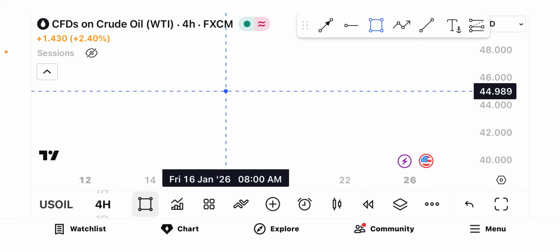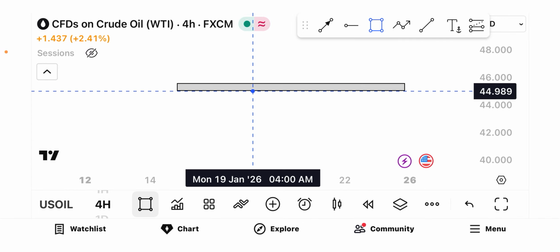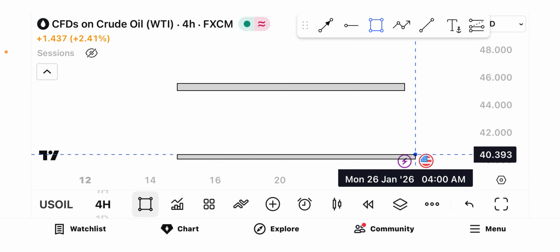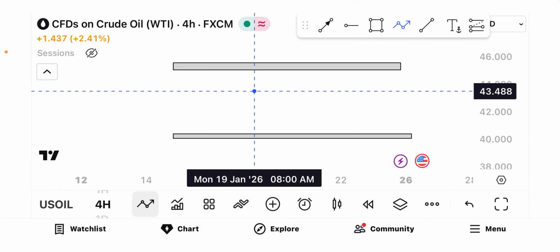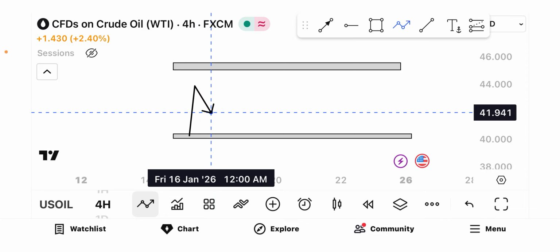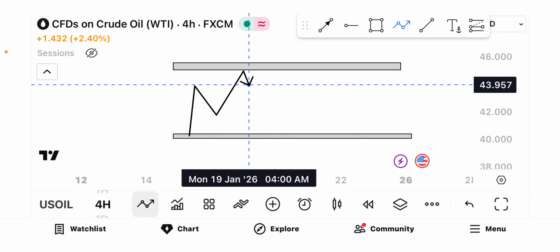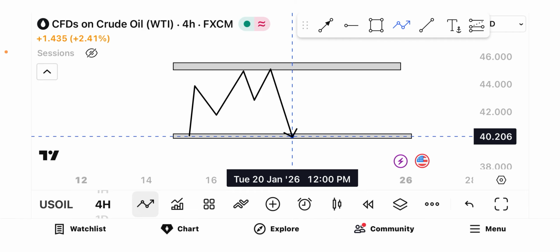Price is within this resistance. Price is within this support. Price is within this range. And how do we know? Price had a higher high, a higher low, a higher high, a higher low, a higher high, then broke past the previous lows.